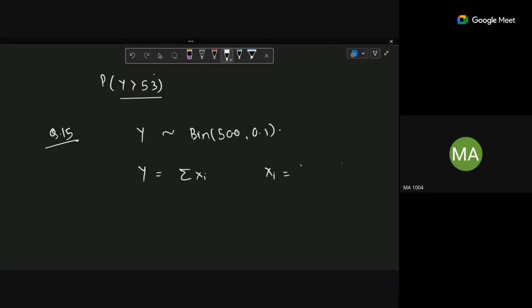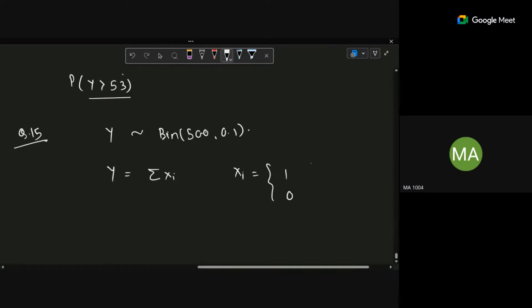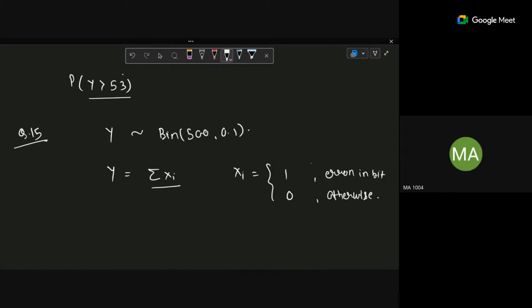My xi's are defined as 1 when there is an error in the bit, and 0 otherwise, right? Do you agree with that? Yes. So y is equal to nothing but the summation of xi.